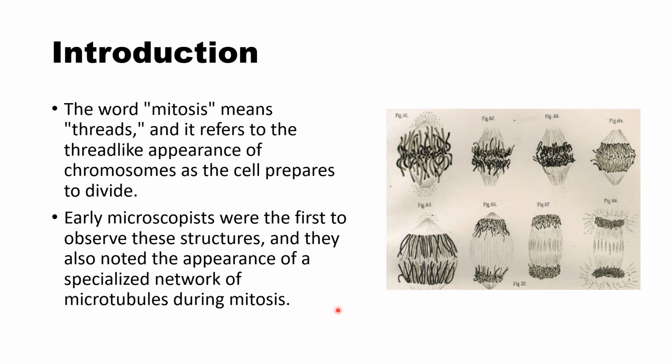So sinasabi yung mga early scientists, sila daw yung first na nag-observe nitong thread-like appearance ng chromosome during yung pagdi-divide nila. And then they also saw yung specialized network of microtubules. So as you can see in the picture, itong mga microtubules na to, nakita rin nila during yung early stages ng pagsi-study nila noon.